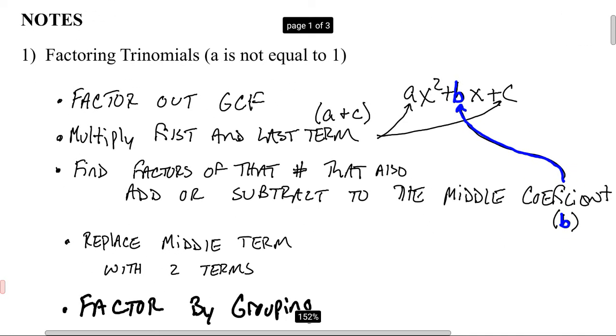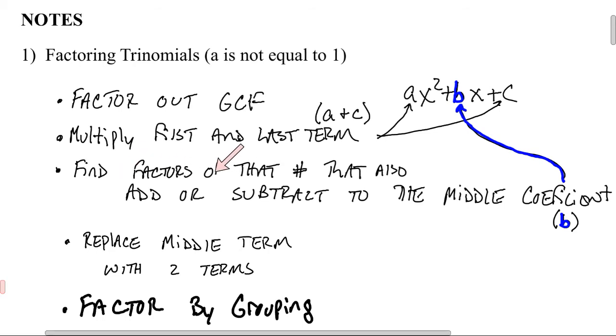So how do we do this? Well, the first thing we always look for, no matter what, is there a GCF? Okay, let's assume there isn't, and then I have a trinomial where the leading coefficient, that a term, is not 1. So what we do is multiply the first and last term, so in other words, the a and the c. That makes some number.